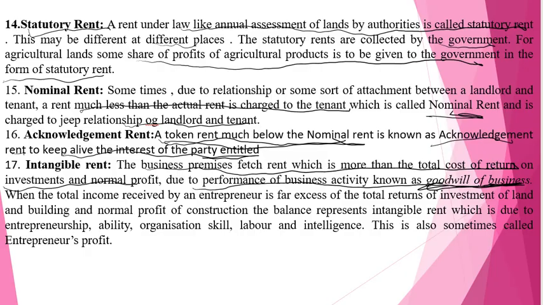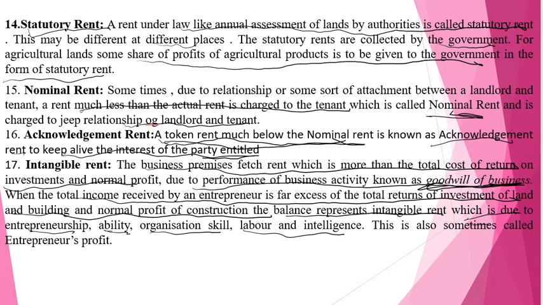When the total income received by an entrepreneur is far in excess of the total returns on investment of land and building and normal profit of construction, the balance represents intangible rent, which is due to entrepreneurship, ability, organizational skill, labor and intelligence. This is sometimes also called entrepreneur's profit.